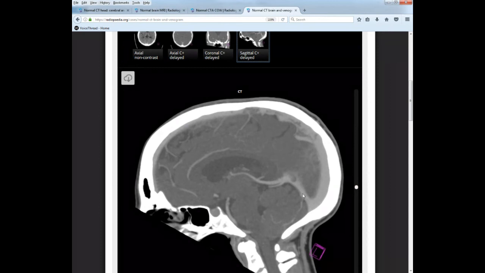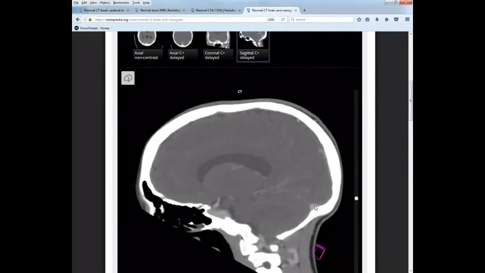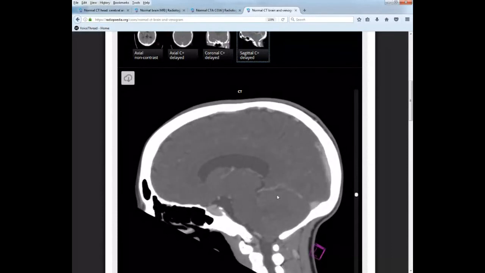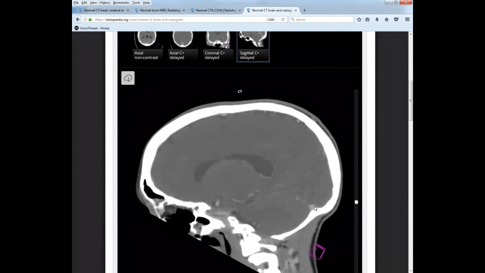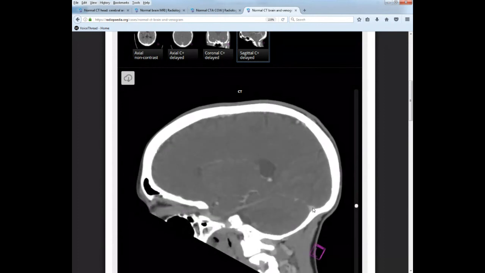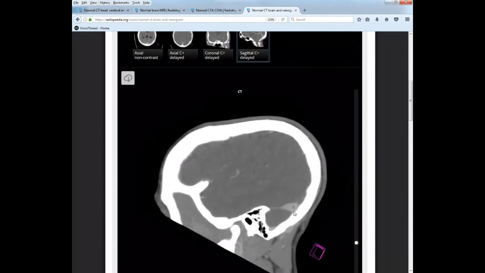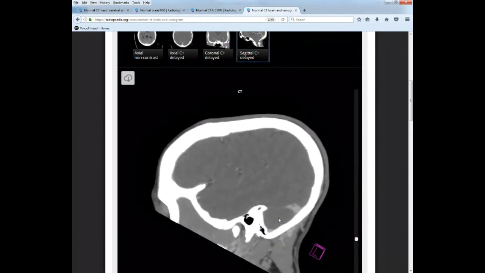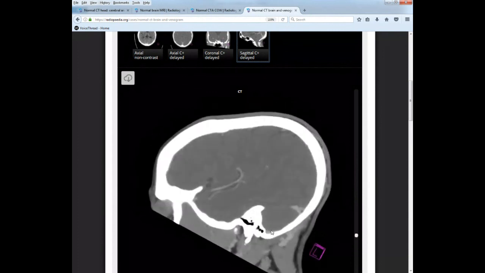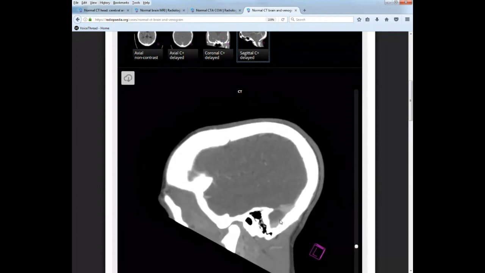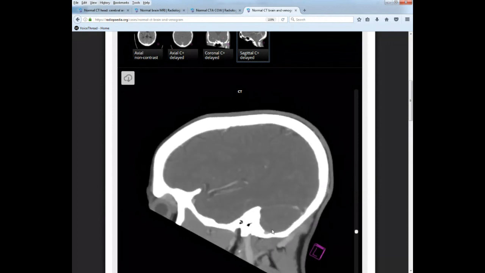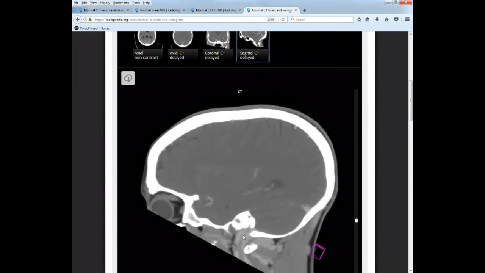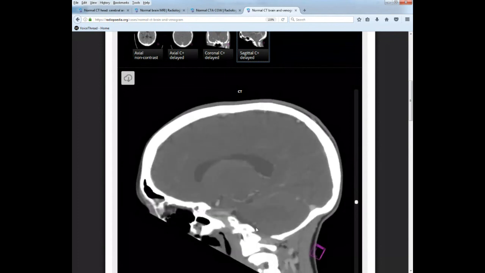Then you have the transverse sinuses that actually come out towards you. So in a sagittal view, which is the only view you need to know the sinuses in, it's going to come straight at you. So it's going to look like a circle traveling transversely along the skull. And then it's going to take a turn.